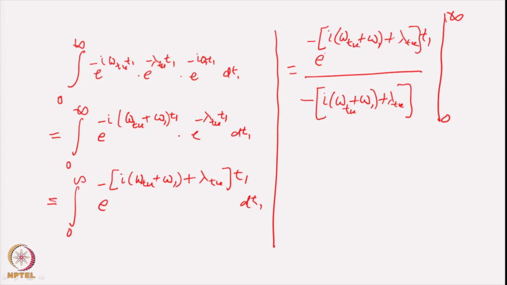So, if you want to expand this, it will be given as the value at infinity minus the value at 0.